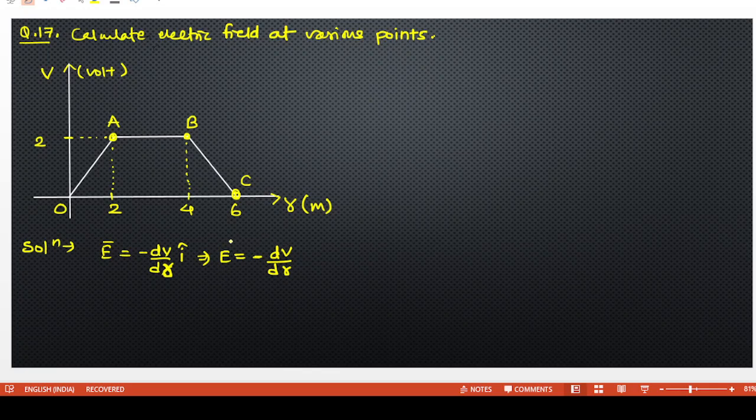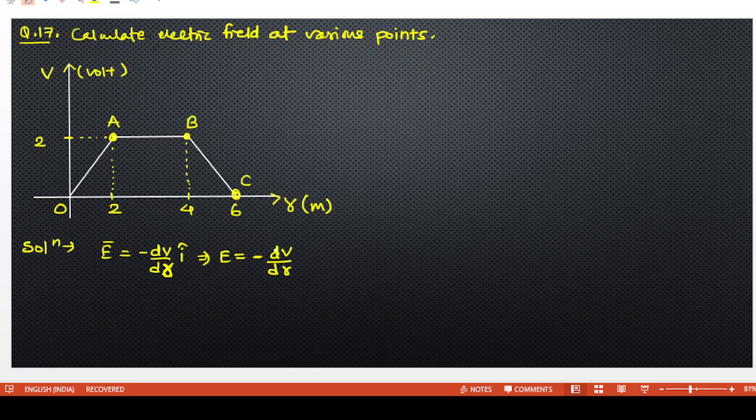This is not the magnitude relation. This is still the vector relation. Because it is one-dimensional, we are ignoring the bars and i.